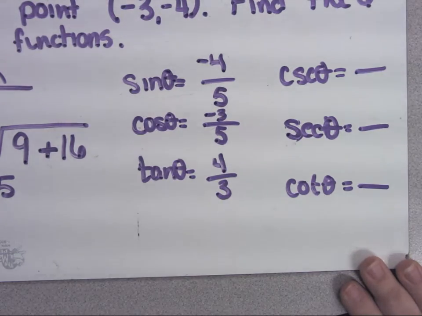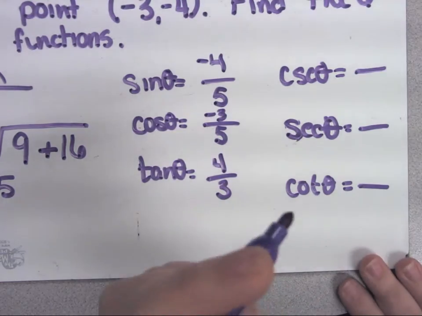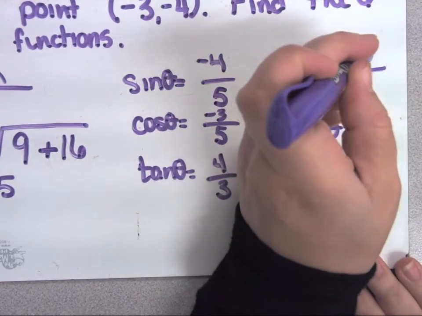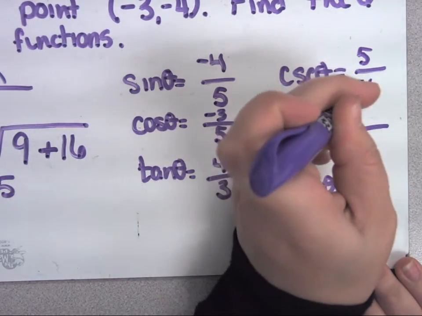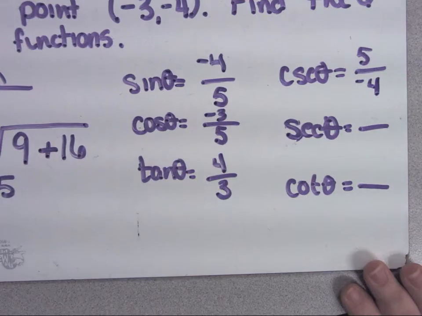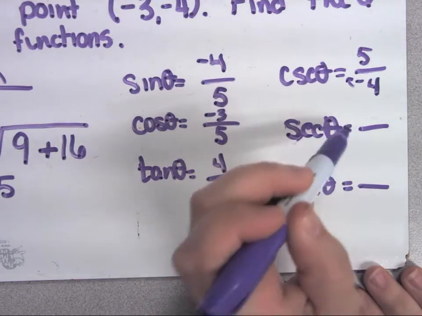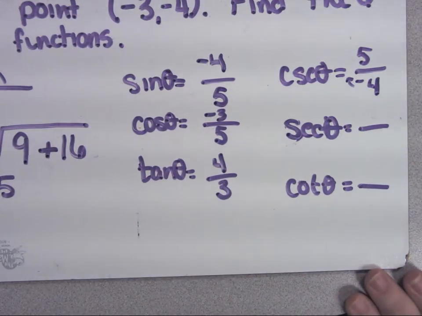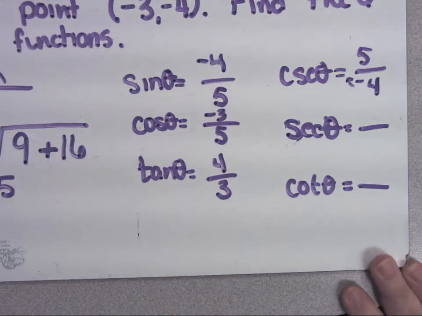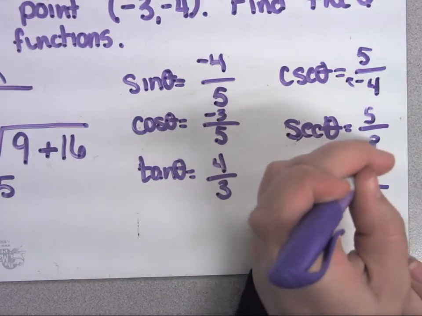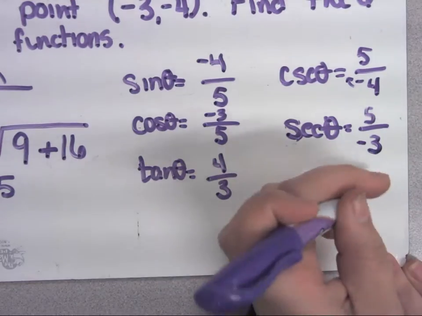And then cosecant. I would just keep the negative with the 4. It's okay. When in doubt, put the negative in front, not up with the 5. So put that guy out there in front. Secant. And then cotangent.